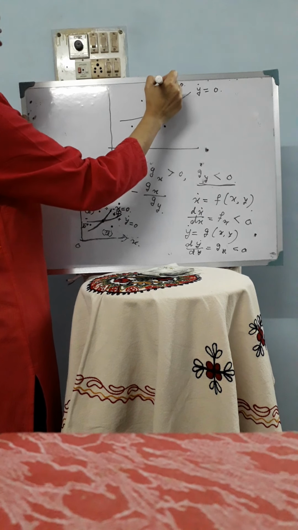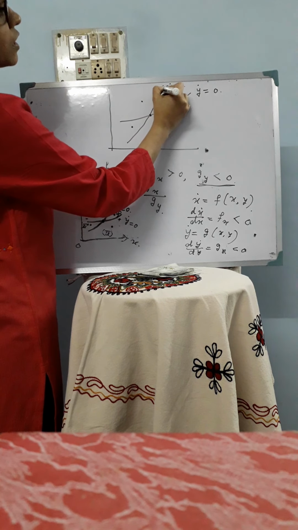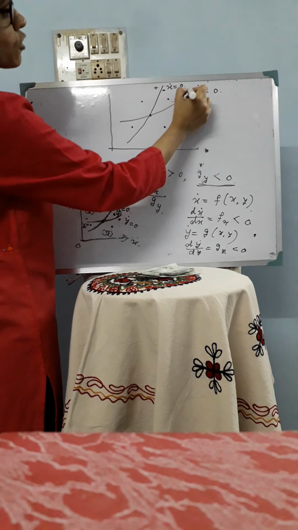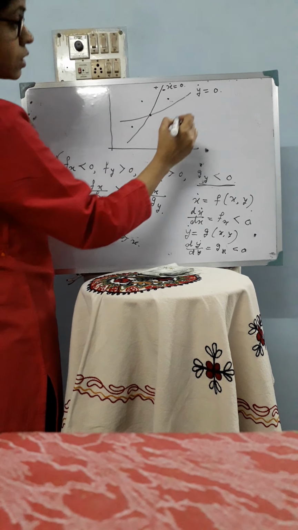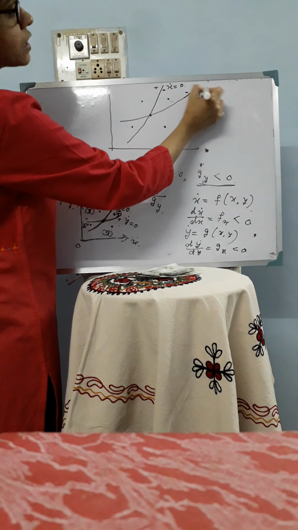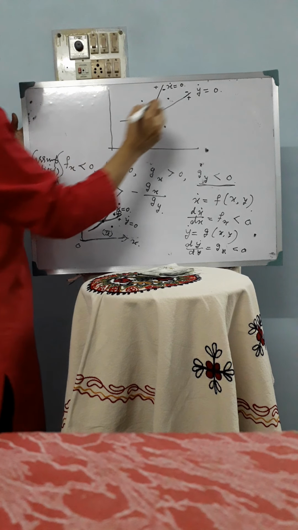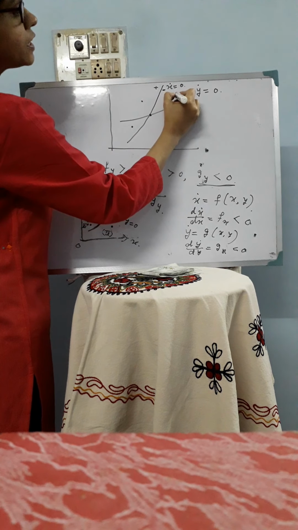To the left of this curve x dot is positive, to the right of this curve x dot is negative, to the left of this curve the value of y dot is negative, and to the right of this curve the value of y dot is positive. Now let's consider this point in region 1.